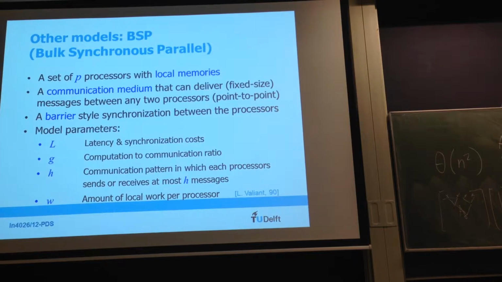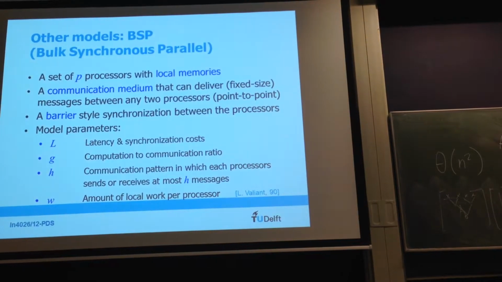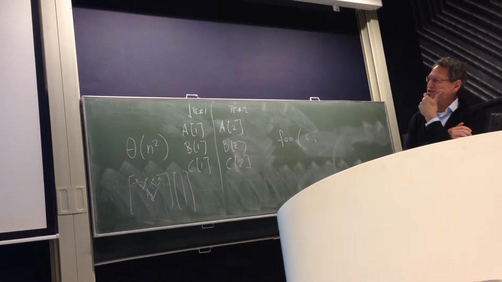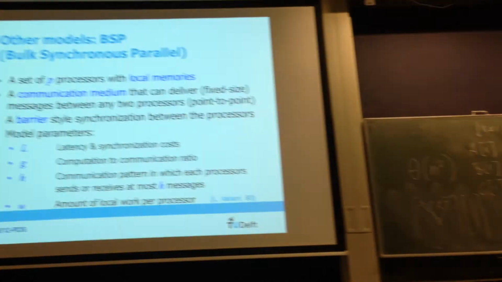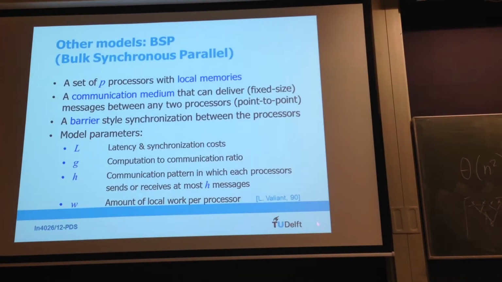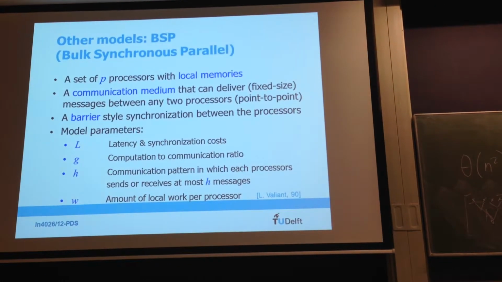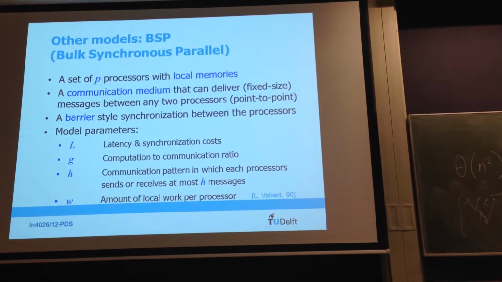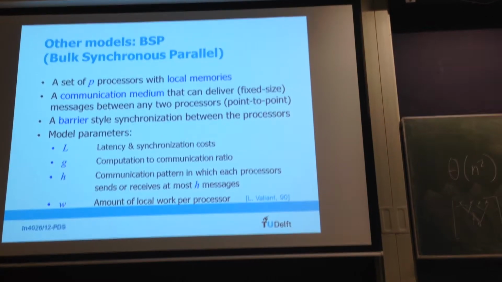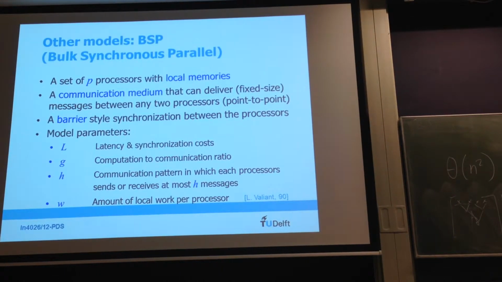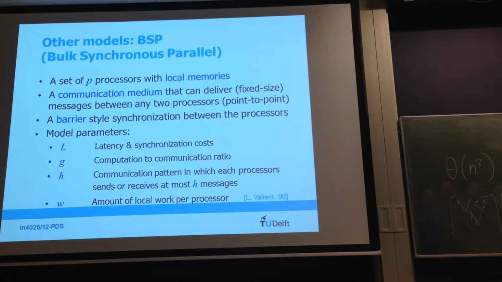There are other models than the PRAM model, and one of these is the BSP model, which stands for bulk synchronous parallel. It was devised by Leslie Valiant in the 1990s, and that works differently. It has as a basic assumption a set of P processors, but not with a shared memory, but with a local memory.